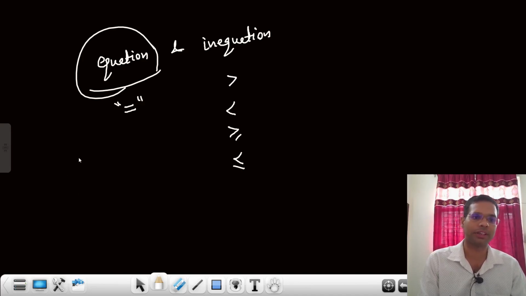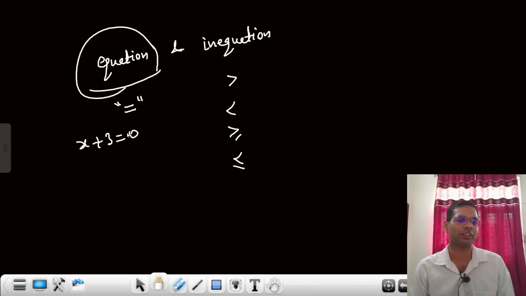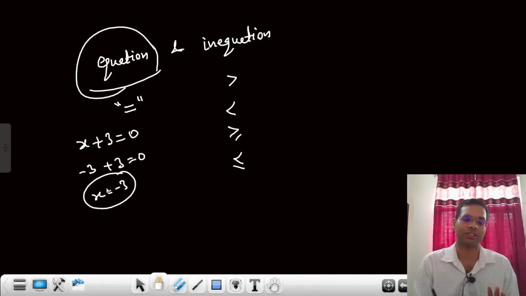Like if I say x plus 3 is equal to 0, I'm looking for that value of x which, when I put it on the left hand side, makes the right hand side 0. That answer is minus 3, so the only value of x that exists is minus 3.